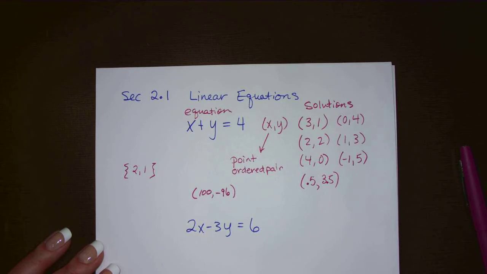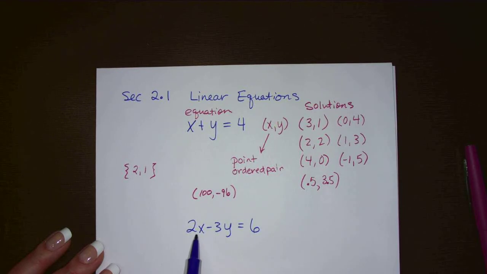Can you think of a number that works? No. What did you say? 1 and 1? No, because that would be 2 minus 3. It's negative 1, not 6. Can someone think of anything that works? It's not as easy, is it?